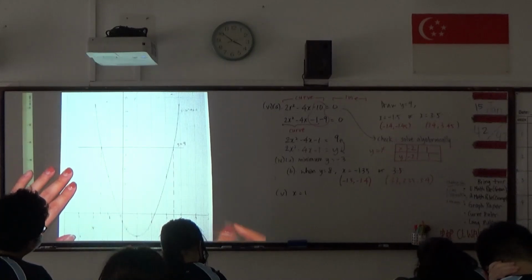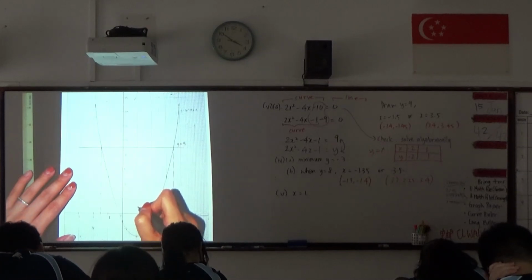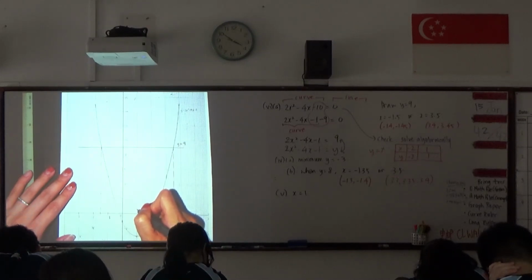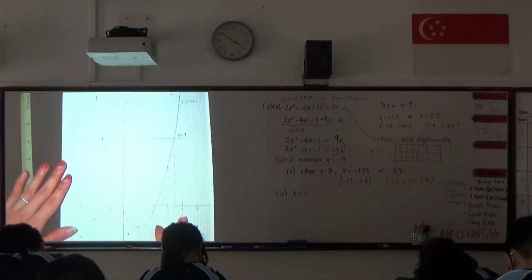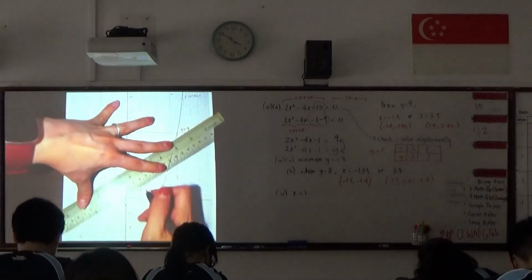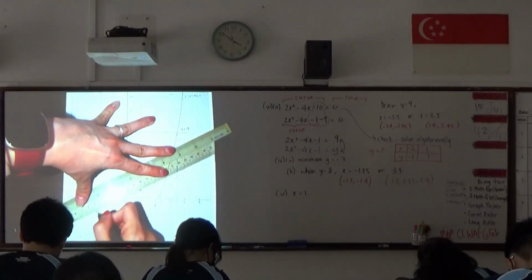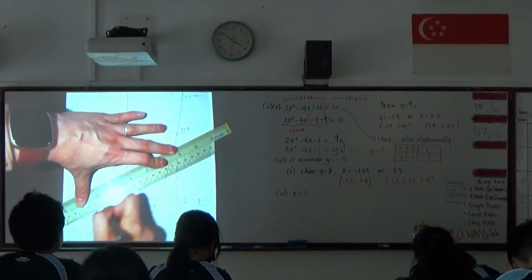So we draw these 2 points. 1 and 1. So I marked out these 2 points here. Use your long ruler, connect through it. Make sure that it connects through your entire curve. Don't draw halfway.